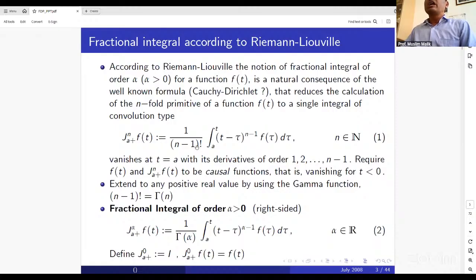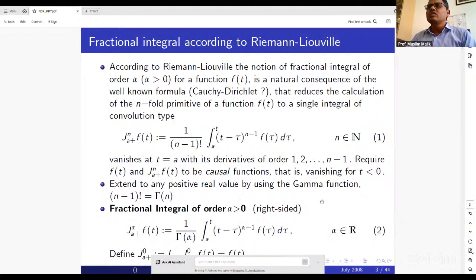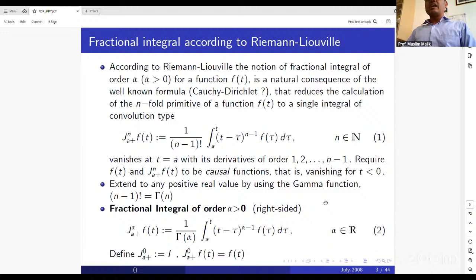So if we replace in equation number 1 this factorial by the gamma function, then this formula will be true for all positive real numbers. So in this way, this is the motivation behind the fractional integral of order alpha. This is called the Riemann-Liouville fractional integral of order alpha. Many people also say right-sided, left-sided, but you can use any one.